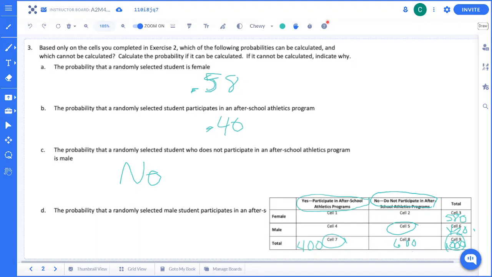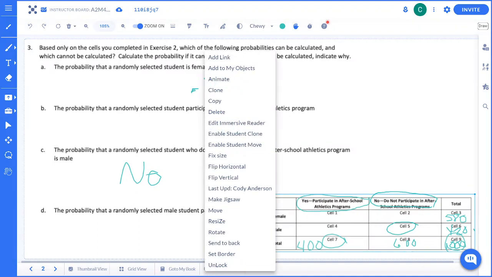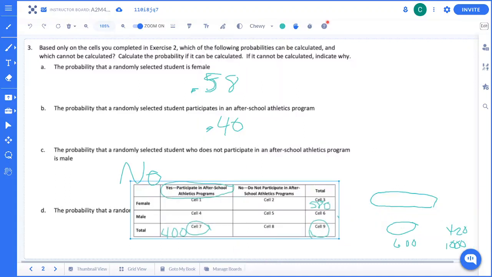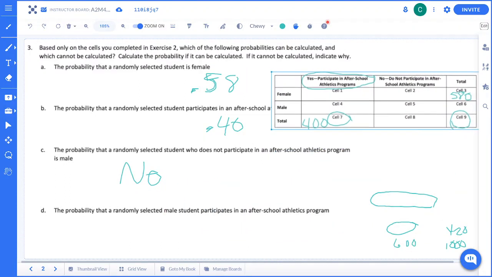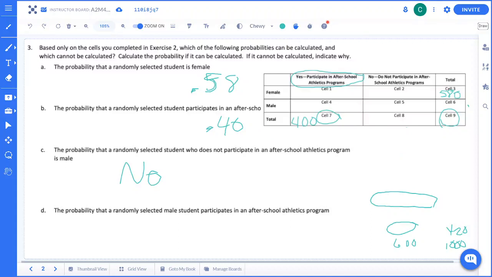Okay? Now, this one says the probability that a randomly selected male student participates in the after-school athletic program. Well, do we know that one yet?